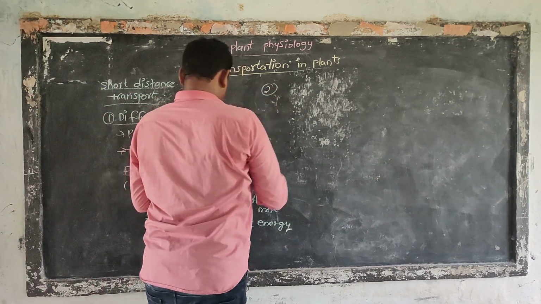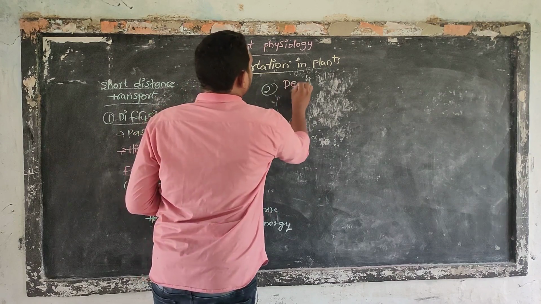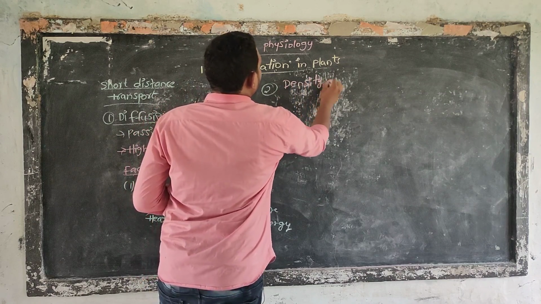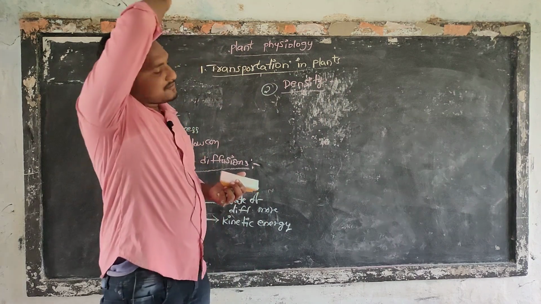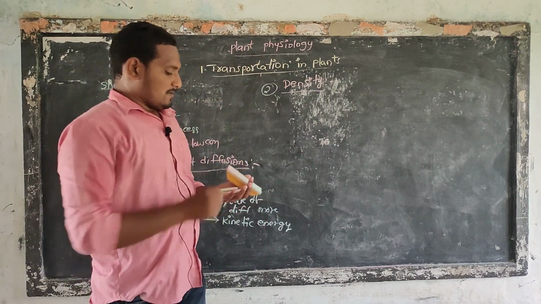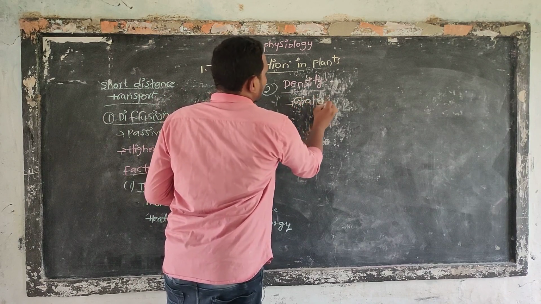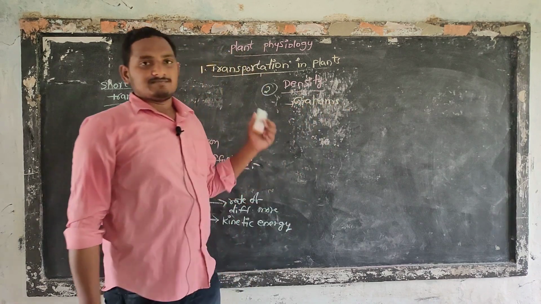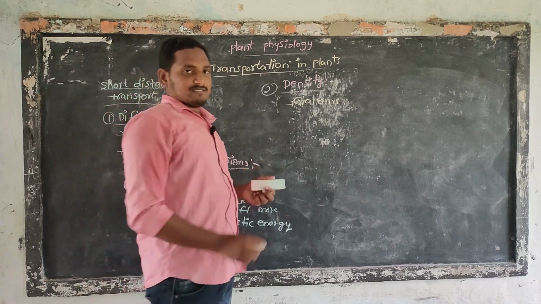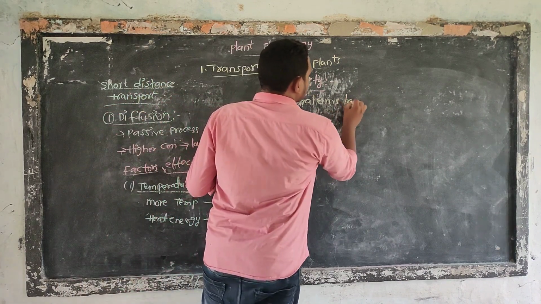Next, density. One more factor is density. This density principle was proposed by Graham, so it is called Graham's law.